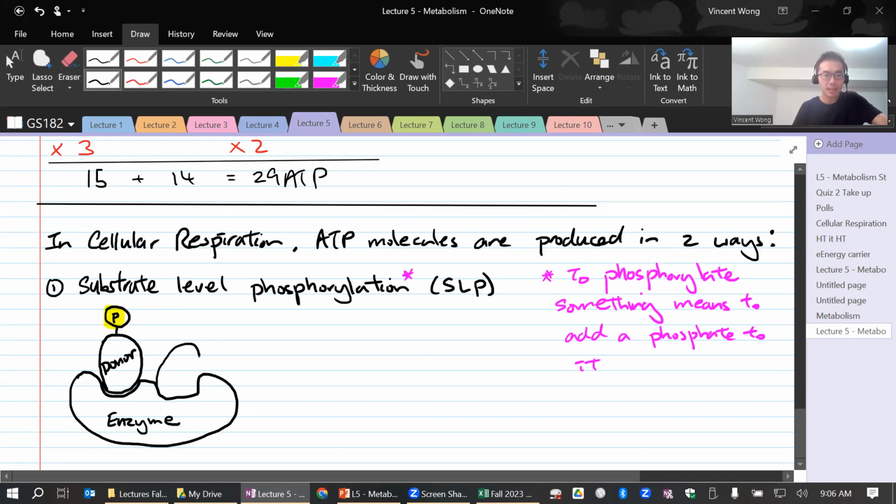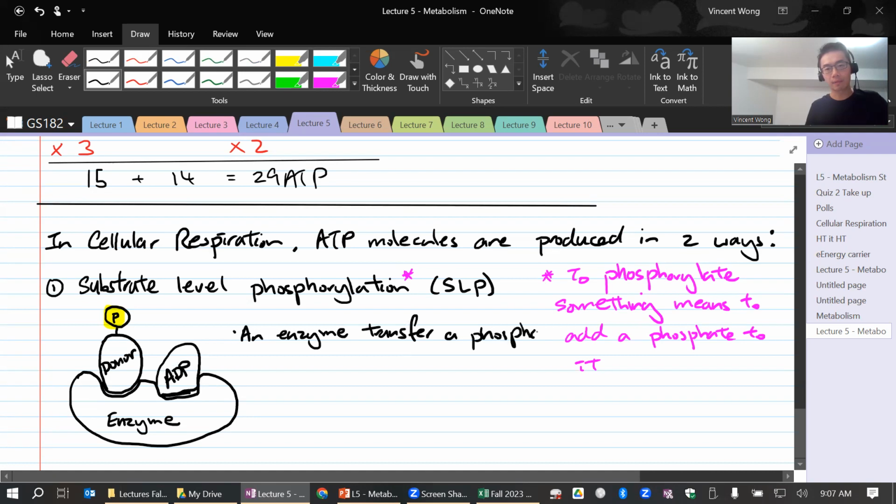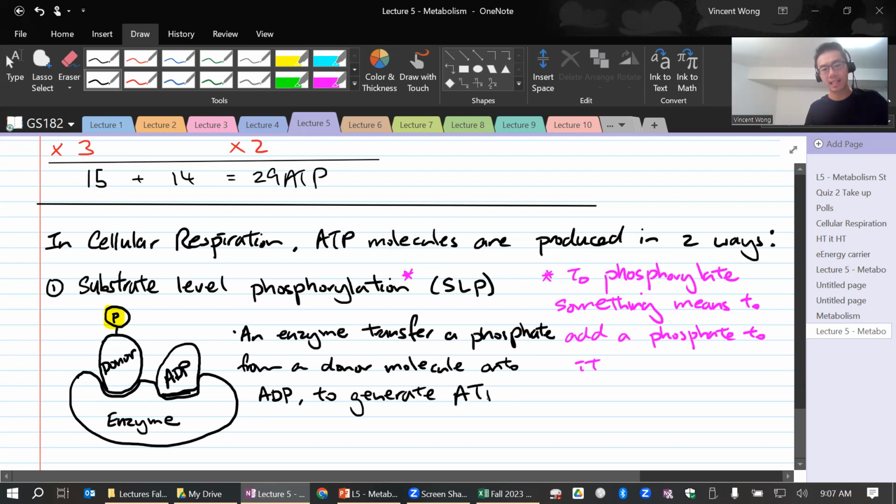Well, in this case, we're going to give it to ADP. So in substrate level phosphorylation, an enzyme transfers a phosphate from a donor molecule onto ADP to generate ATP.